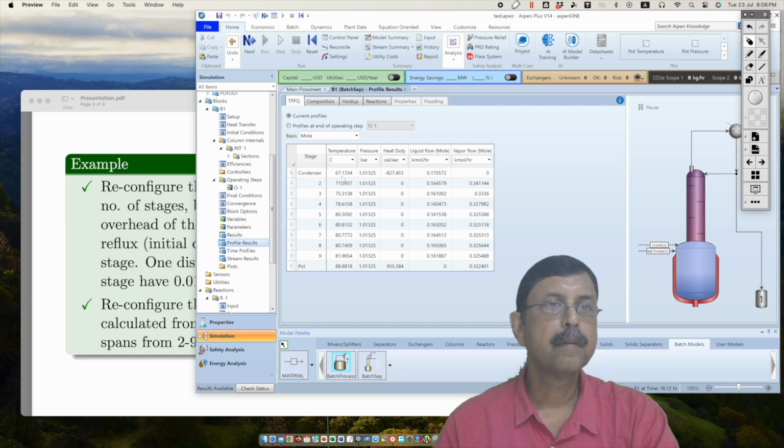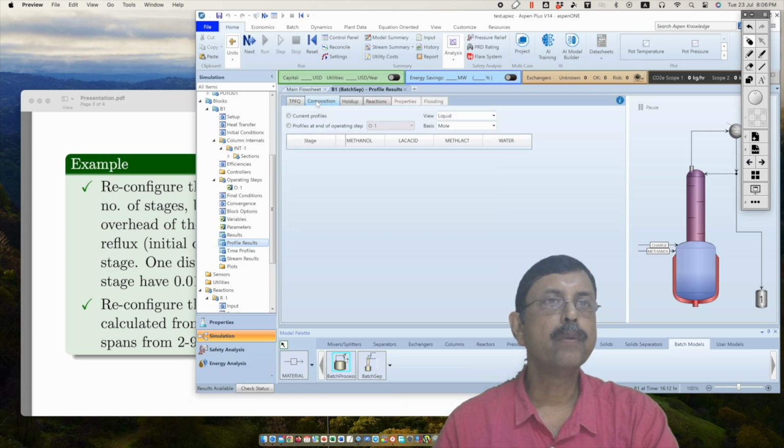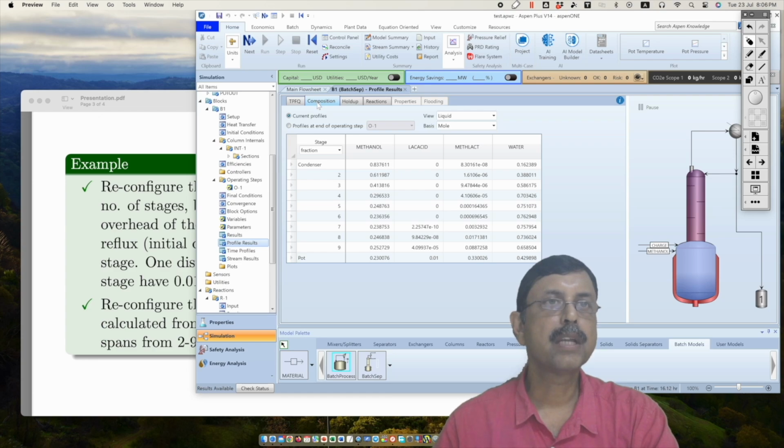Temperature increases from 67 to 88. And we have insufficient data points to compare them.